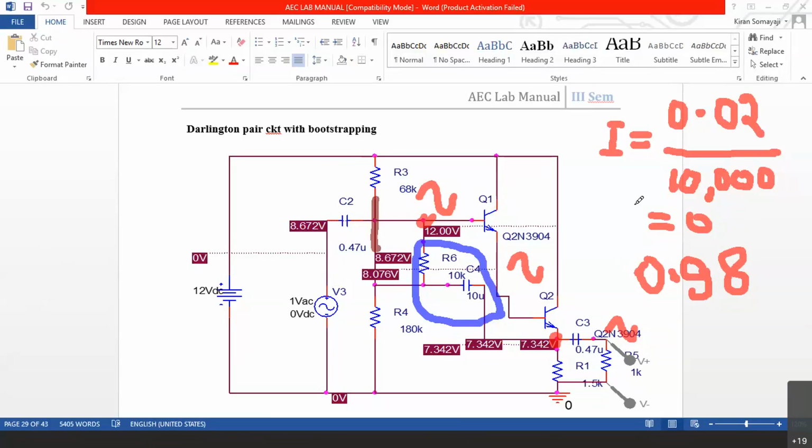So for the 1 volt, there is a 0.02 volts drop across this. When there is a 0.02 volts drop across this, 0.02 volts divided by 10K is there here, no? That is the bootstrapping connection. So 0.02 divided by 10,000. 0.02 divided by 10 is 0.002, 0.002 milliampere. 0.002 milliampere is 2 microampere.